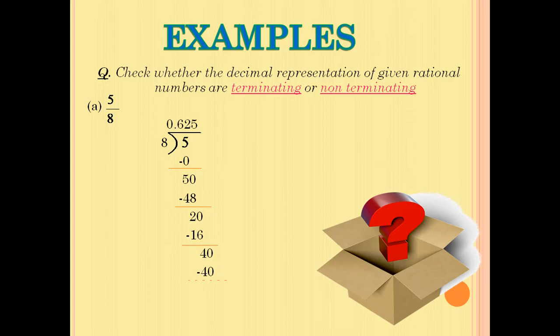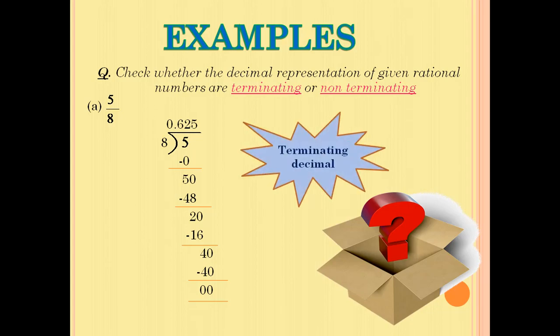Now when I divide 5 by 8 by the long division method, my quotient comes out to be 0.625 and the remainder is 0. Here you can see that in the quotient I have a definite number of decimal places and the remainder is 0, which means the decimal here is a terminating decimal.